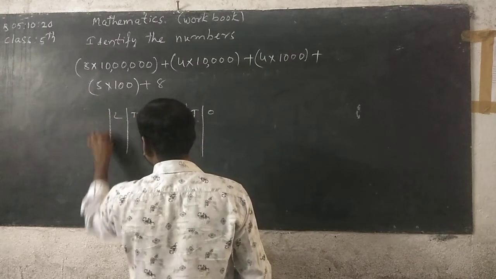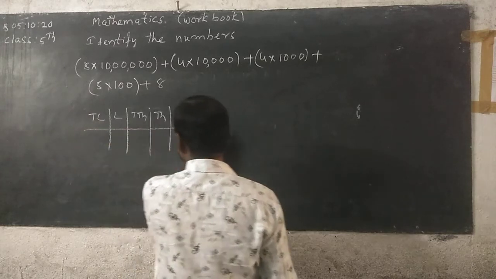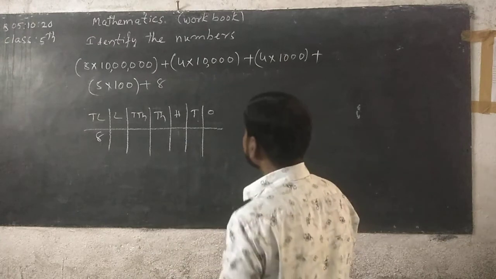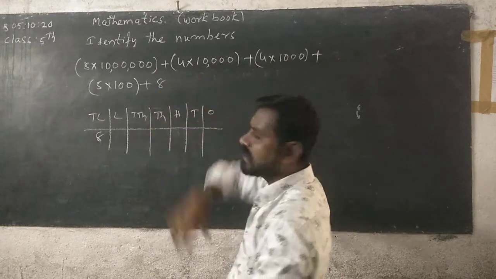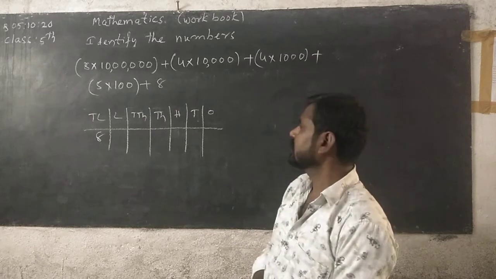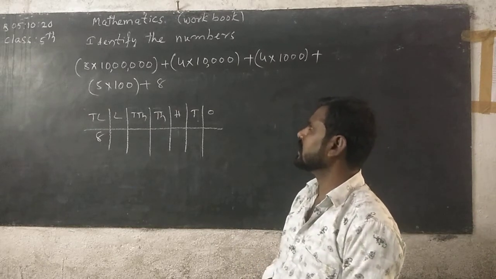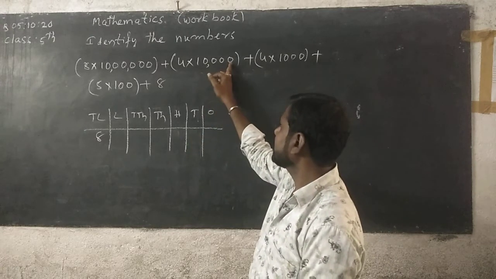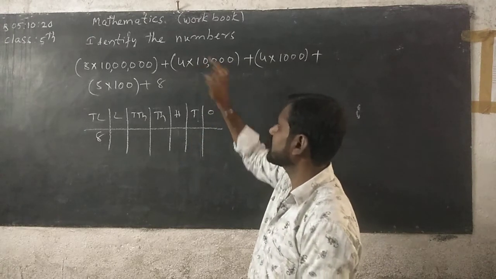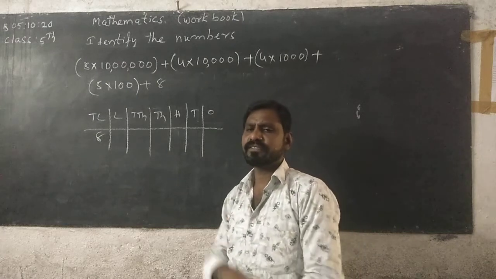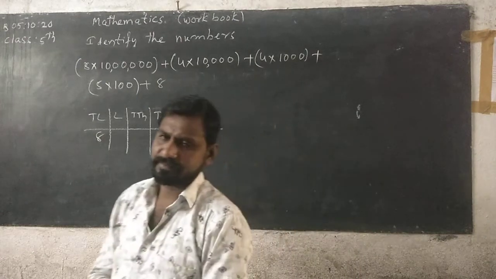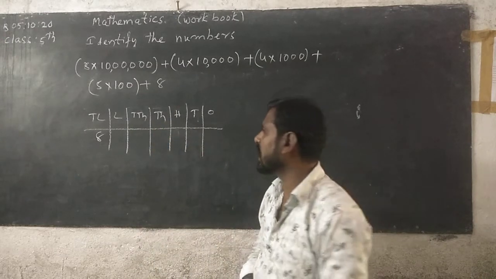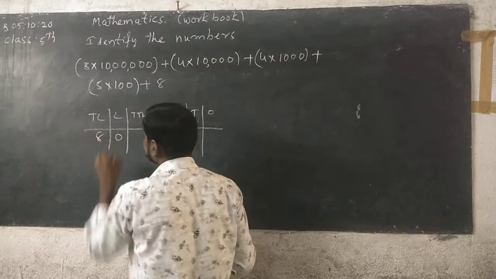See here, 8 is in 10 lakhs place. Next, see the second number from left to right. 4 into 10,000 means 4 is in 10,000 place. Then what about lakhs place? There is no number, so you can write 0 in lakhs place.